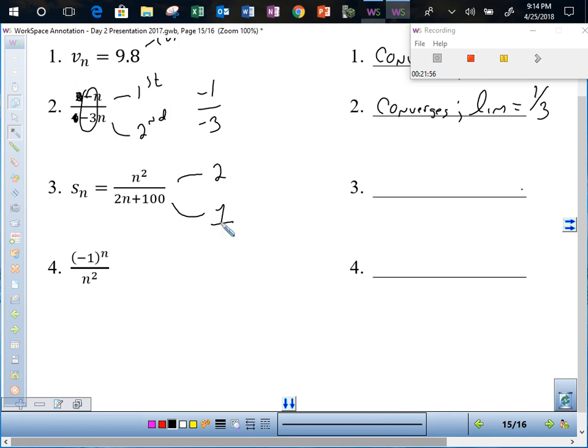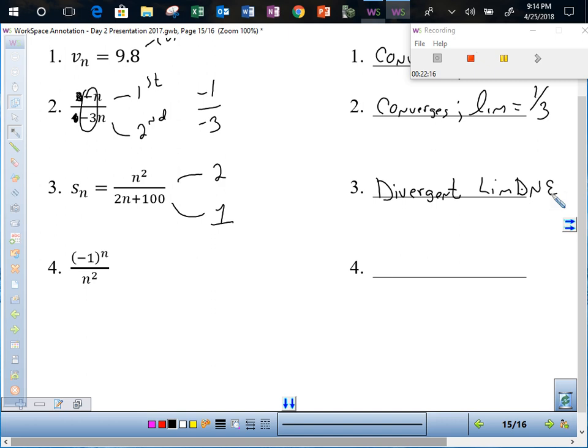Since the highest power in the numerator is bigger than the highest power in the denominator, this thing's divergent. So the limit does not exist. It means it either goes to infinity or negative infinity.